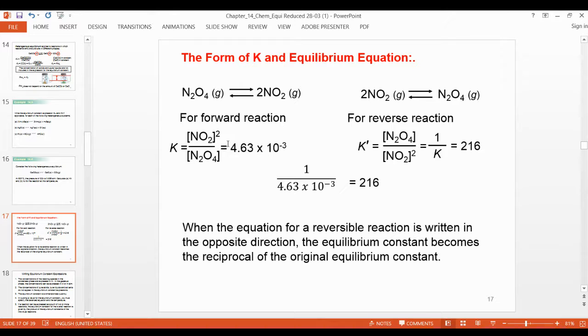For the reverse reaction, this should be 1 over K. If it is K, automatically it is 1 over K for the reverse reaction. So remember that. So 1 over K, you will write here 1 over 4.63 times 10 to the minus 3. That is 216. So this is the value for the second reaction, because that is a reverse reaction.